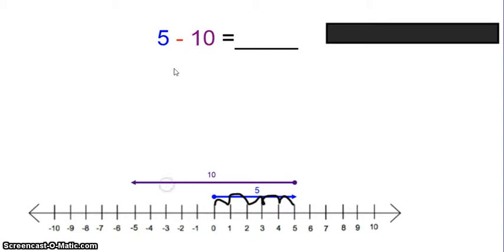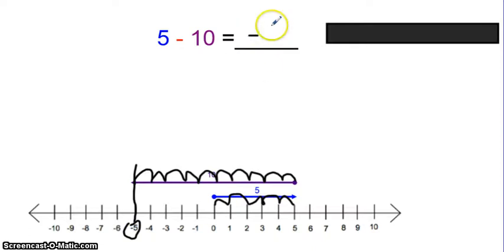And so we'll be going back 10 units. 1, 2, 3, 4, 5, 6, 7, 8, 9, 10. And when we subtract 10 units away from our 5, we end up at negative 5. So negative 5 is our answer.